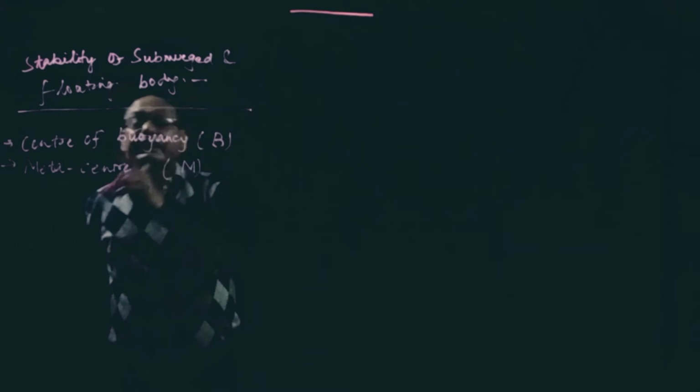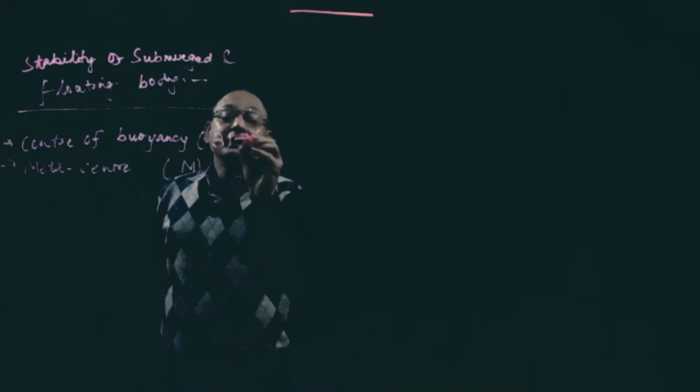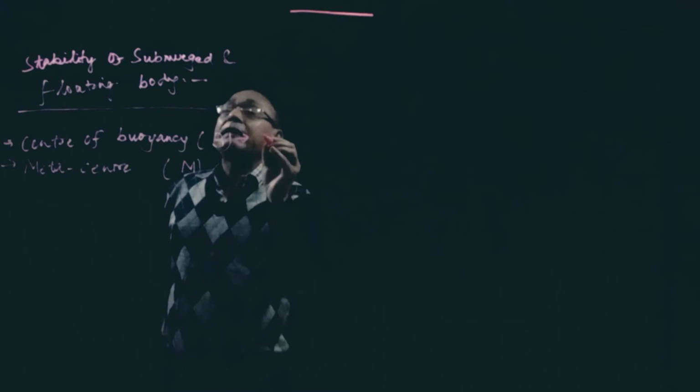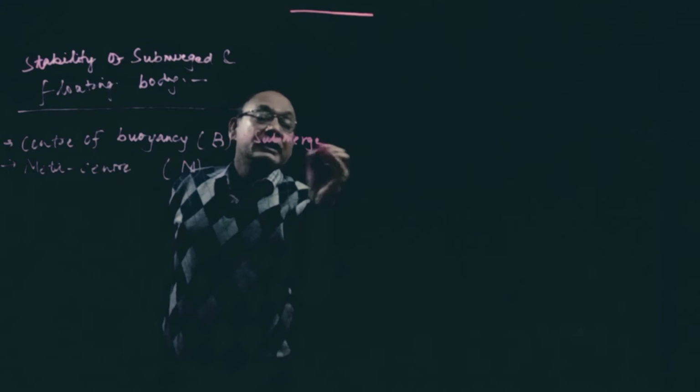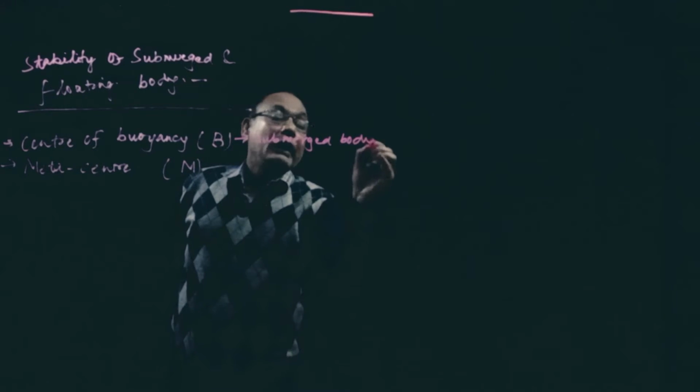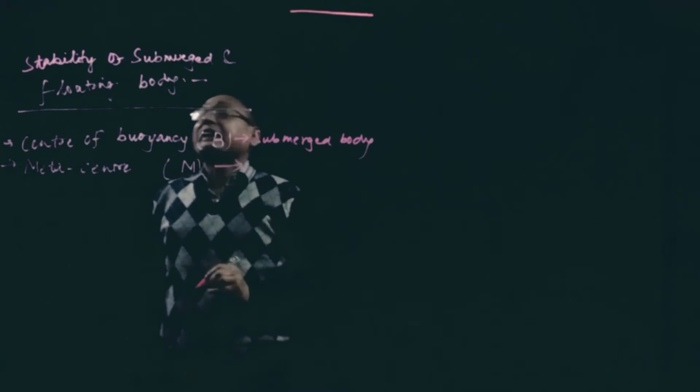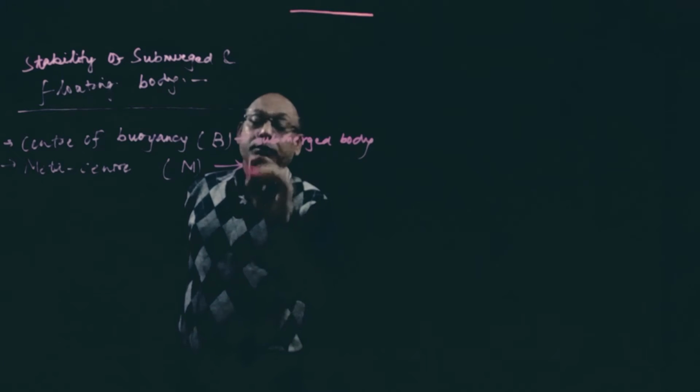Center of buoyancy will give us the stability condition of a submerged body, and metacenter will give the stability condition of a floating body.